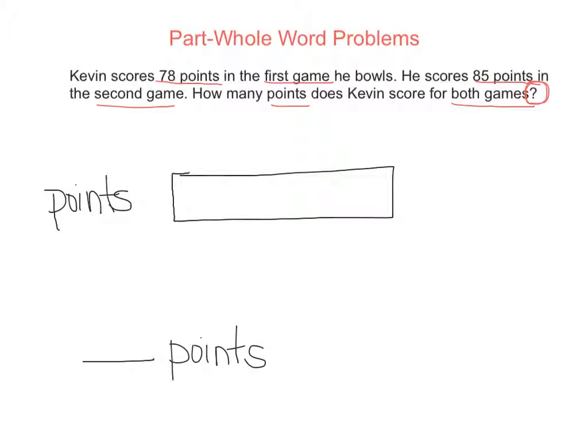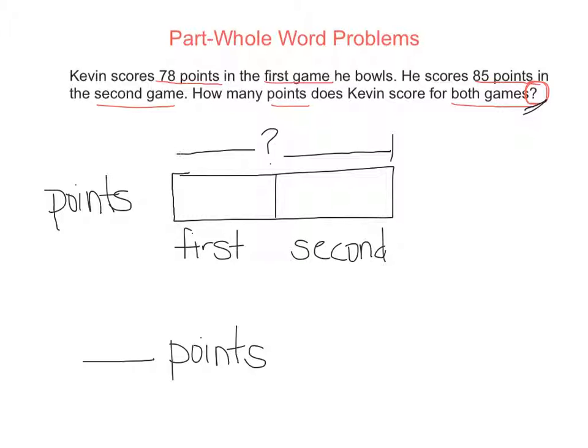I can see from underlining all of this that I have two parts to this bar. I'm going to label them. I'm going to cut my bar in half and I know he has some points for the first game. I know he has some points for the second game. And then I can see right here with my question mark that for both games combined, the length of this whole bar is where my question mark is going to go.